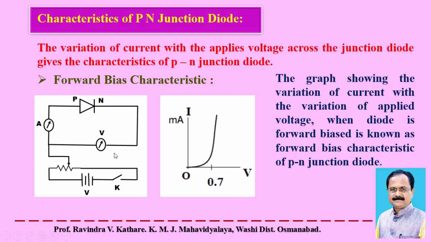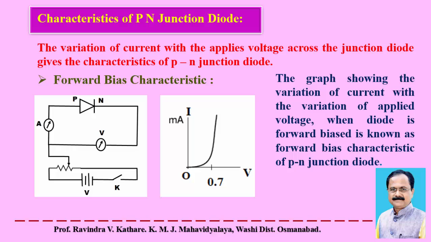When this applied voltage increases, the current starts slowly increasing. But as soon as the battery voltage increases further, the forward current increases rapidly.